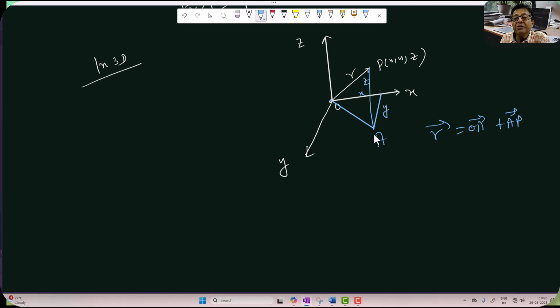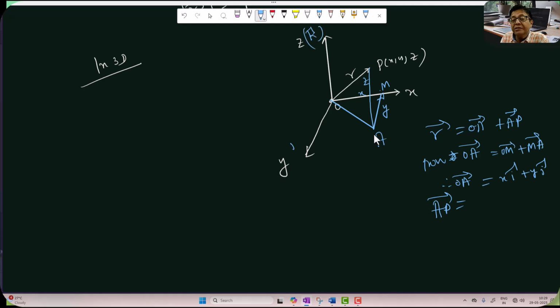This perpendicular is AM on the x axis. So the OA vector we can write, OA vector is what? OM plus MA. OM is what? x i cap, and MA is what? y j cap.